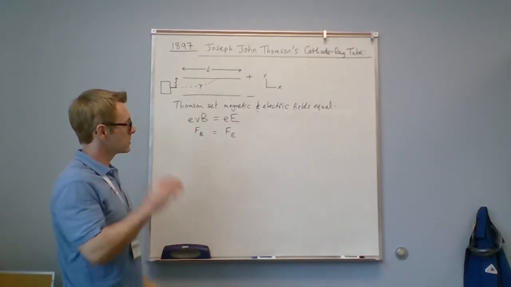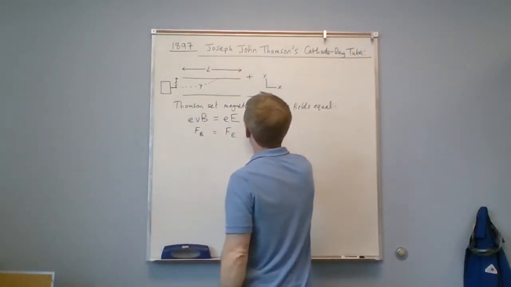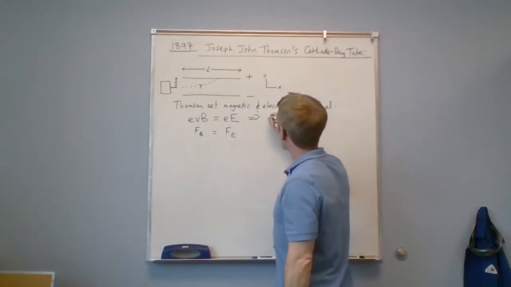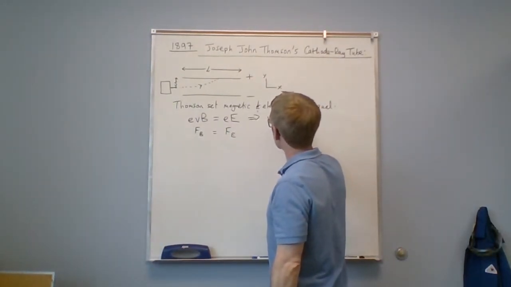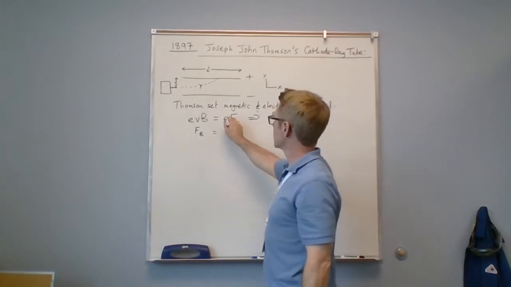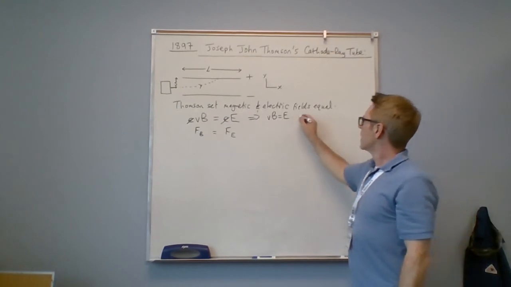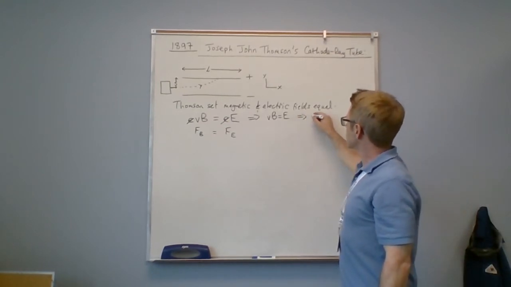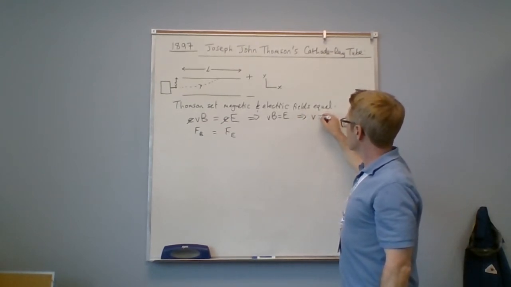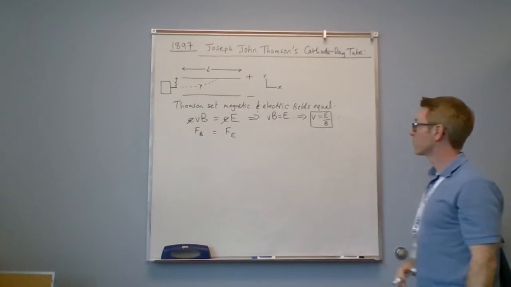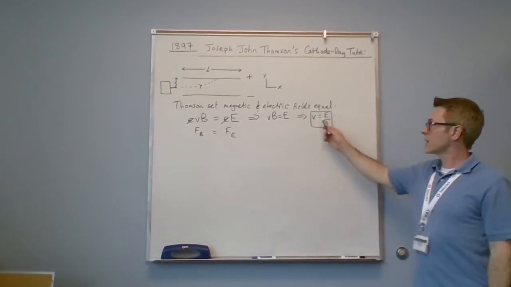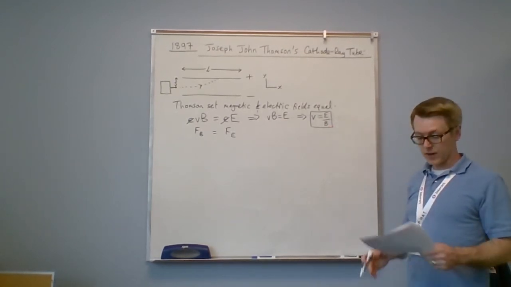Well, this implies that VB equals E if we just cancel the electric charge from both sides, which you can now see that the velocity of the cathode ray is equal to E over B. So the velocity of the electron is the ratio of the electric field to the magnetic field.